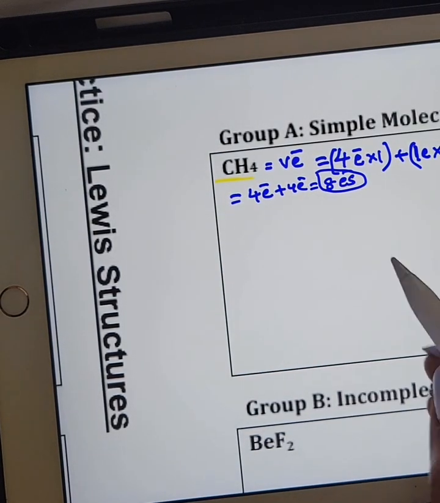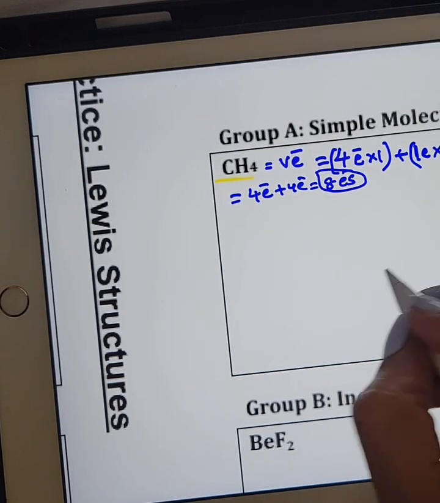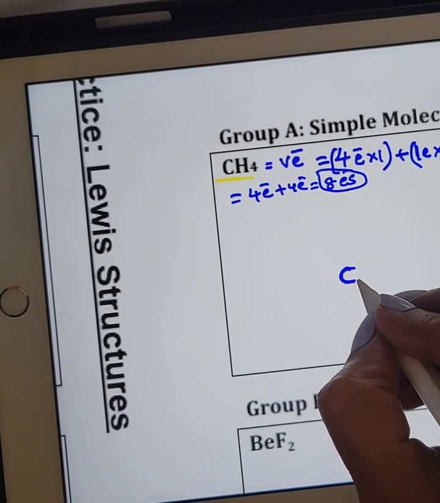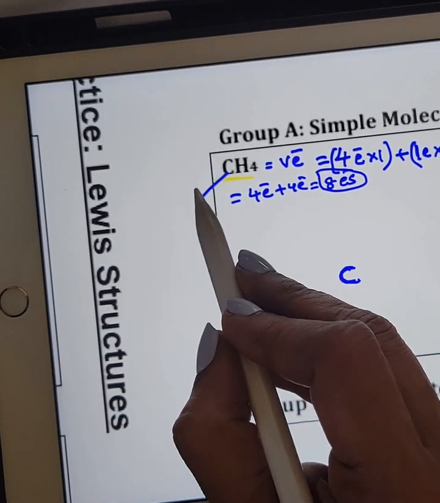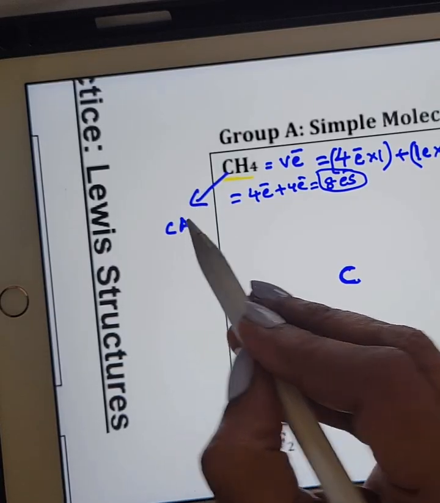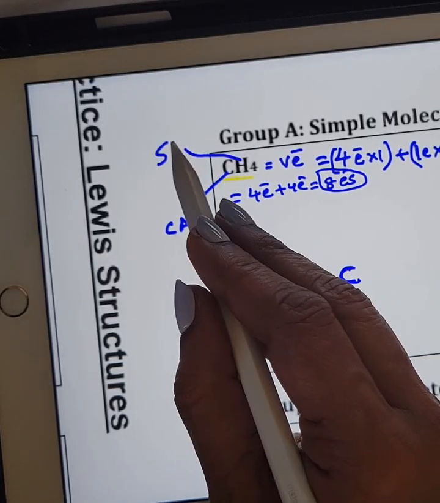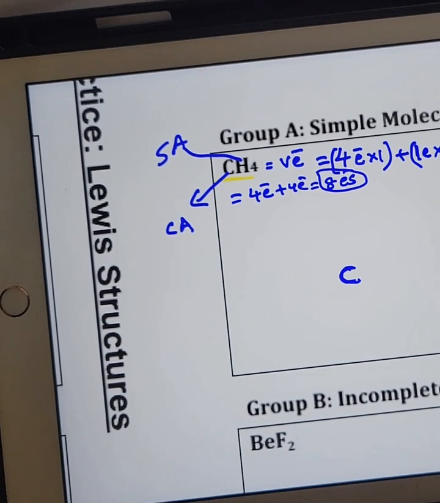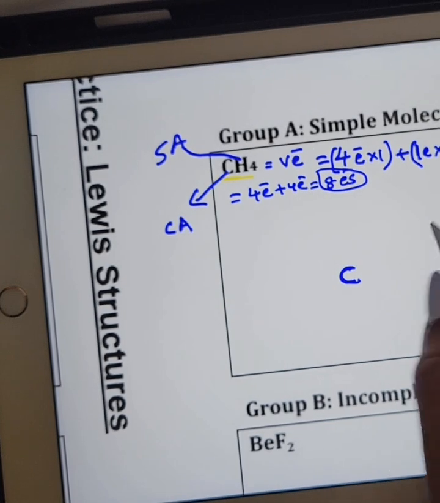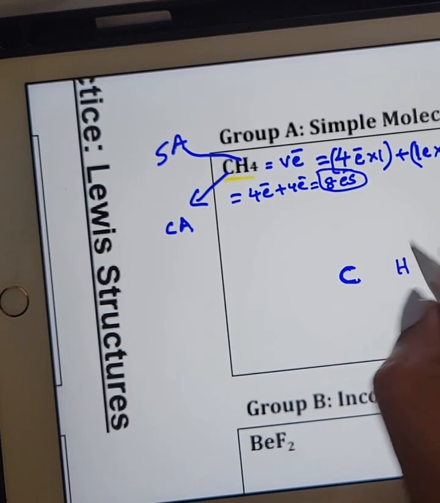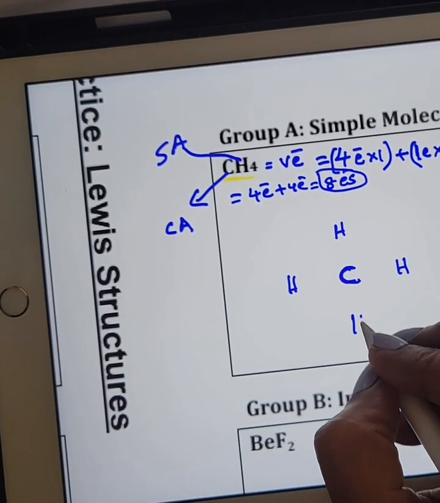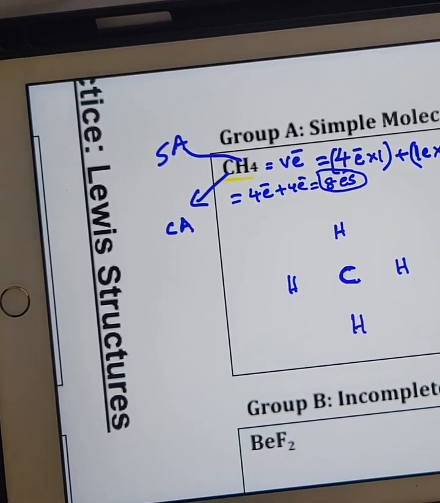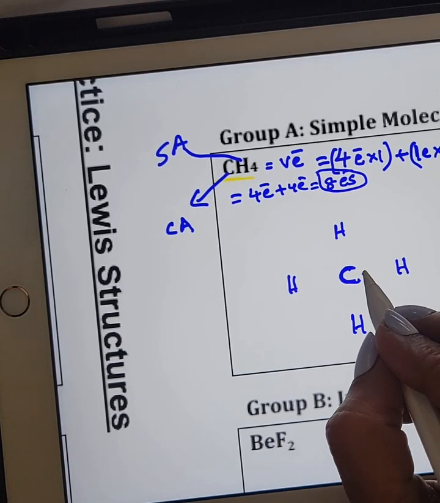After that, draw the central atom at the center. Carbon is called the central atom and hydrogen is called the surrounding atoms, the outside atoms. There are 4 hydrogens, so I place them around it. Don't worry about the shape, we are going to learn the shape later. Then the second rule says draw single bonds.